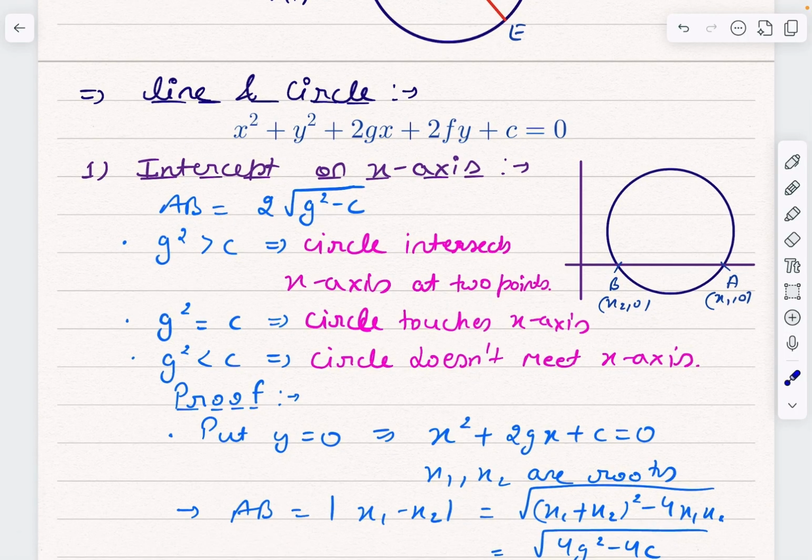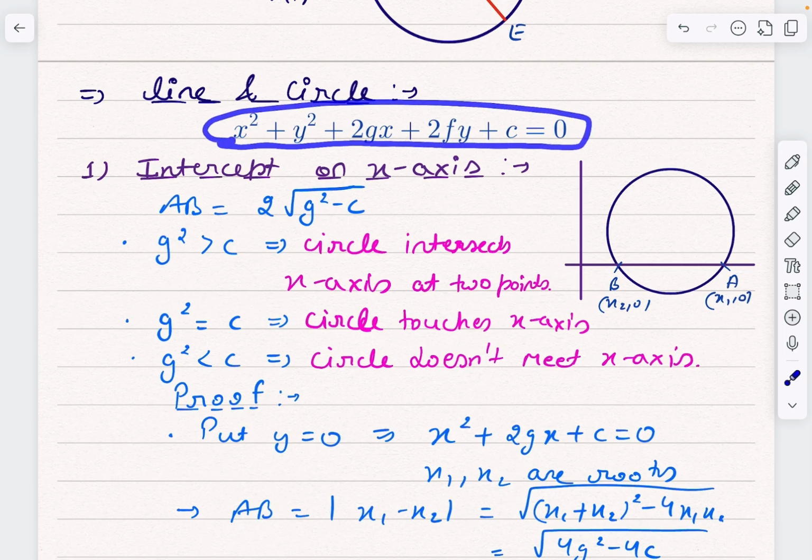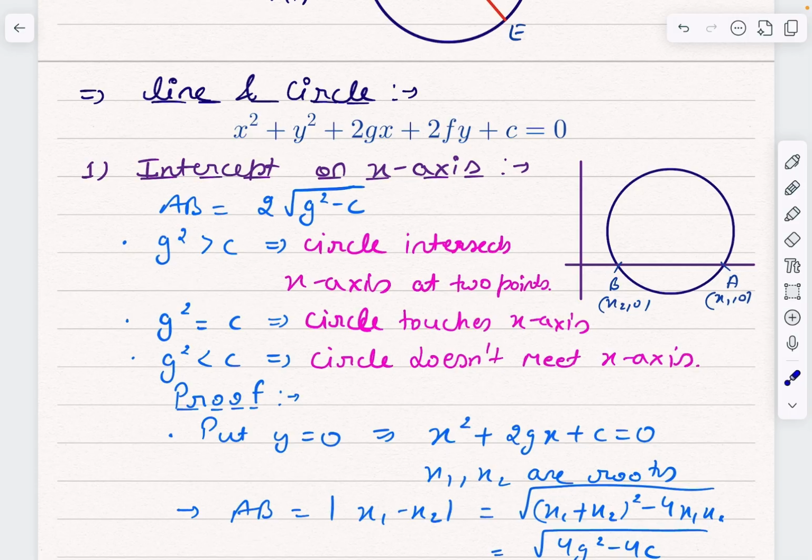Now we discuss a line and a circle. How would they behave and what kind of things they can ask? This is very, very important, guys. x square plus y square plus 2gx plus 2fy plus c equal to 0 is some circle given. First, we have to find the intercept made by this circle on the x-axis. What do you mean by that?